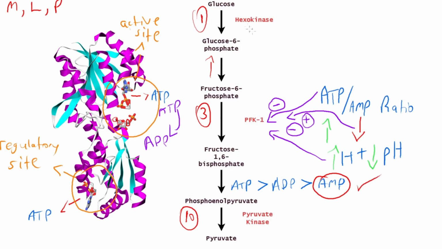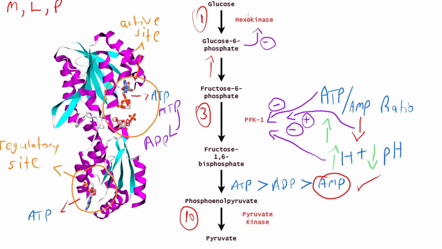Moving on, the first reaction catalyzed by hexokinase is also regulated. So in the muscle, glucose 6-phosphate, the product of the reaction, actually inhibits it. So it inhibits its own reaction. So it's a negative feedback mechanism. It inhibits hexokinase allosterically as well by binding onto an allosteric site, changing its conformation, and now the enzyme has a lesser activity.